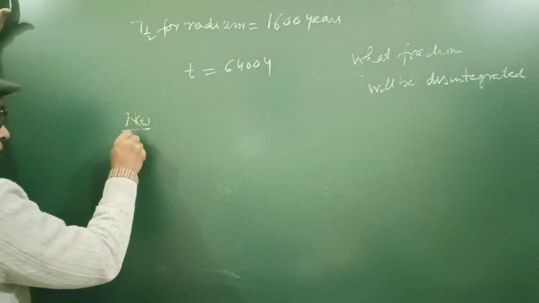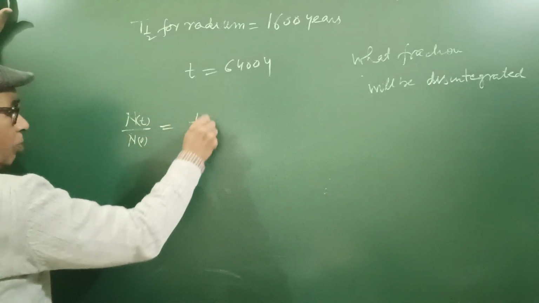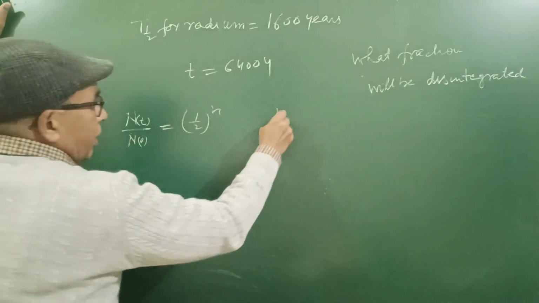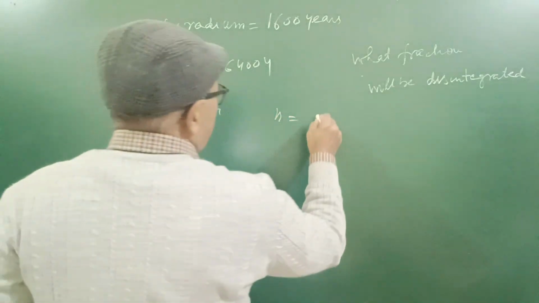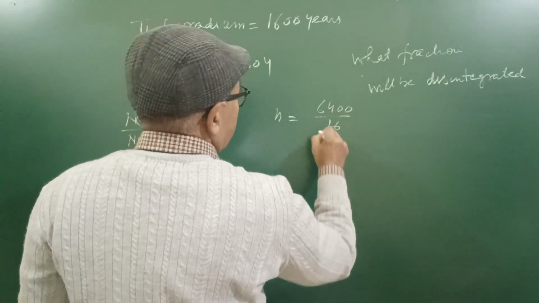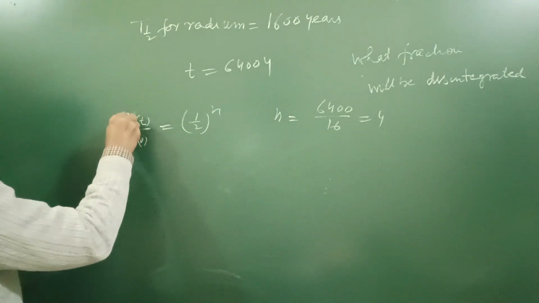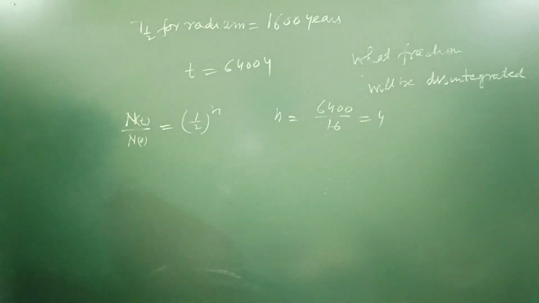So the problem is that we know NT upon N0. We obviously think like this: it is equal to 1 upon 2 to the power n. Here n is equal to 6400 upon 1600, which is 4. But what is NT upon N0?